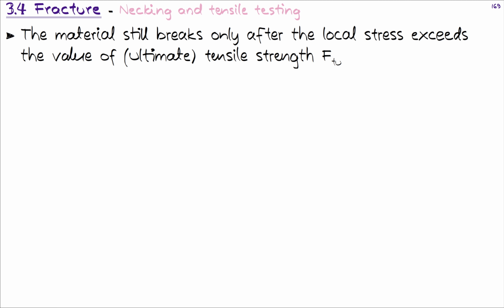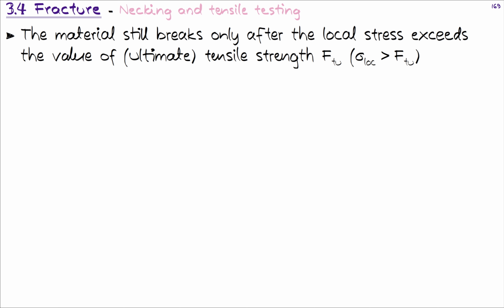So the material still breaks only after the local stress really exceeds the value of the ultimate tensile strength, FTU. When the local stress is larger than the ultimate tensile strength, the material breaks down.